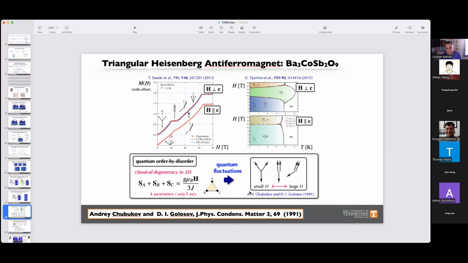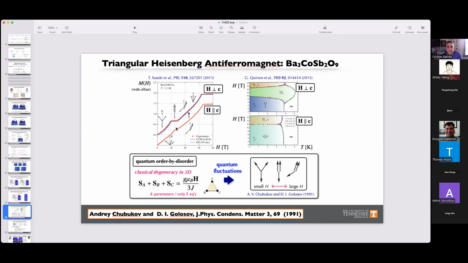And actually, this phase was predicted in 1991 by Andrei Chubukov and Kolosov. And it's a quantum mechanical effect. So basically, for a classical antiferromagnet, you will see simply a ramp here without any plateau. The plateau, at least for Heisenberg antiferromagnets, appears simply because of quantum fluctuations.